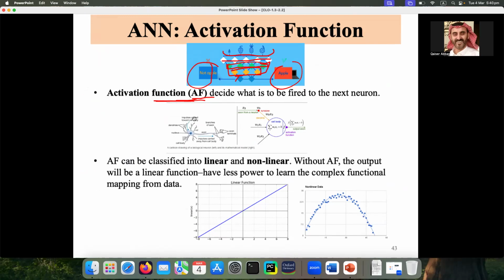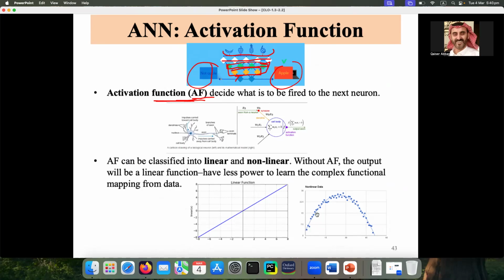Activation functions are normally divided into two categories. What are those? Linear and non-linear. Linear means a straight line, something starting from the lowest point and going straight in the upward direction like this. This is the line for the linear equation. Non-linear is something which can go in any direction.